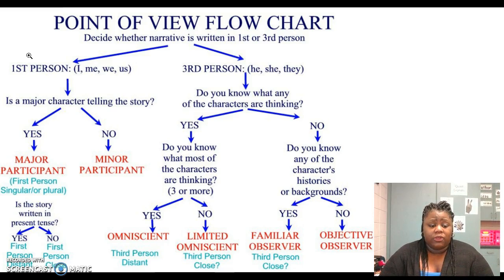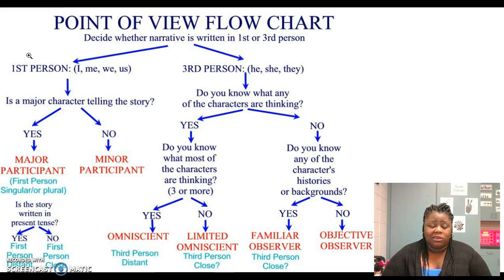All right, also another thing about the first person point of view is that we find out only what this character knows, thinks, and witnesses. So we don't really get a whole lot of other people's feelings or what they think or what they witness in the first person point of view, because again, of the type of point of view that we're dealing with, which is first person. So that's the first person point of view.